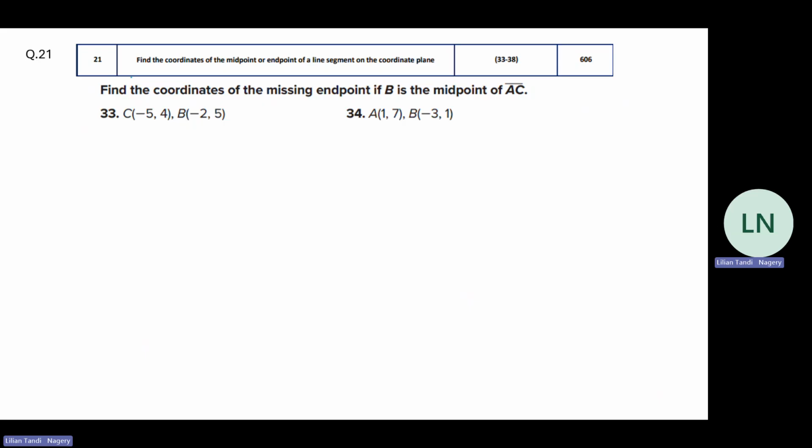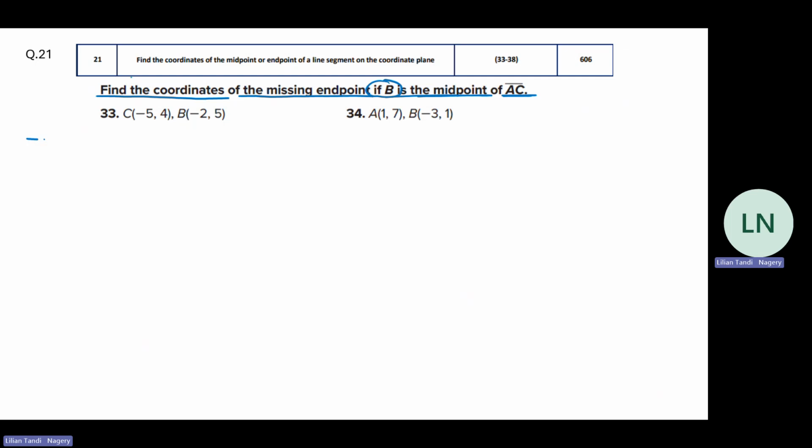Otherwise, you will solve wrongly. Find the coordinates of the missing endpoint, if B is the midpoint of AC.